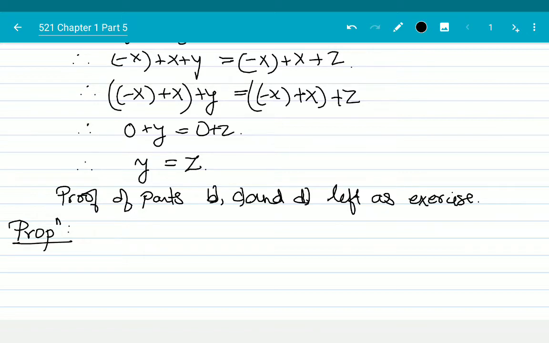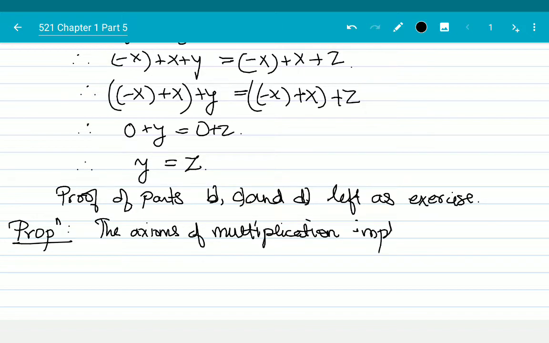Proposition. We saw some properties of addition. Here are some properties for multiplication. The axioms of multiplication imply the following statements.